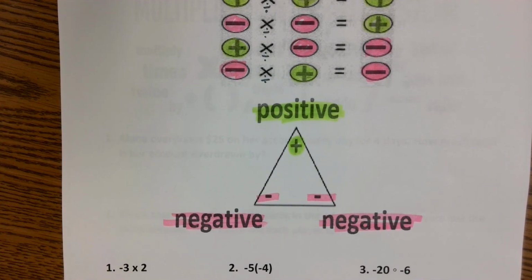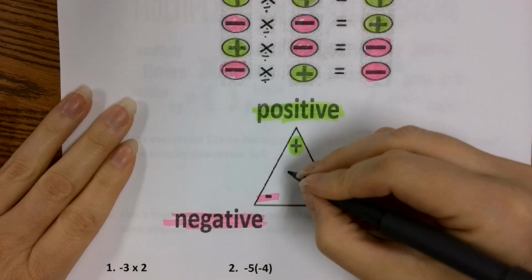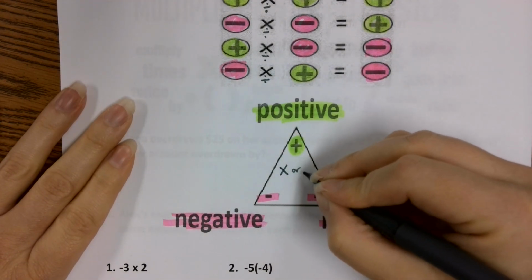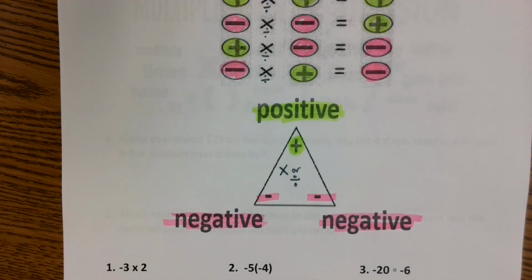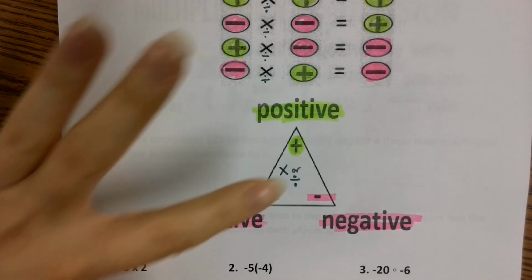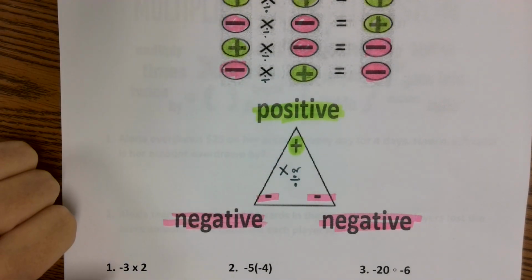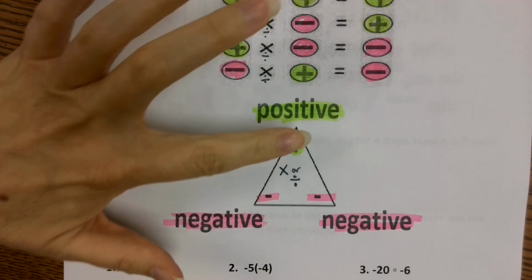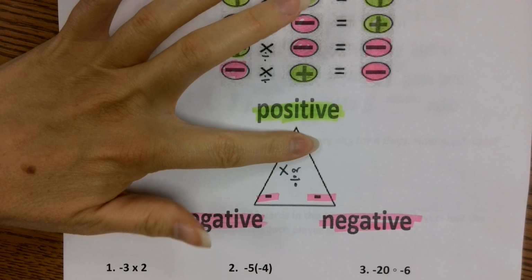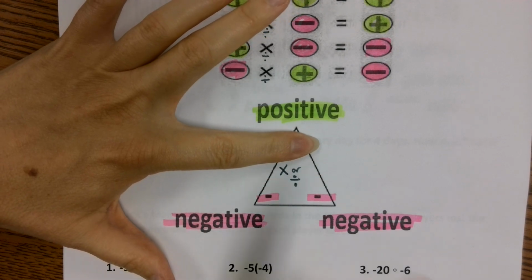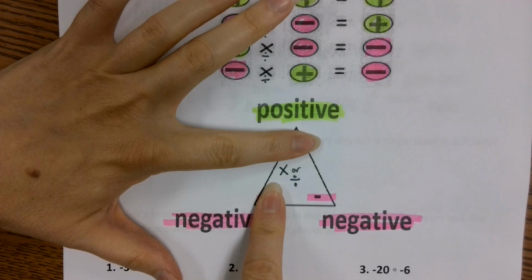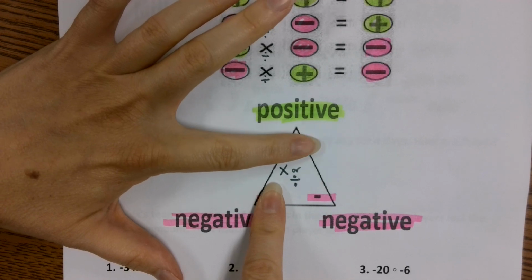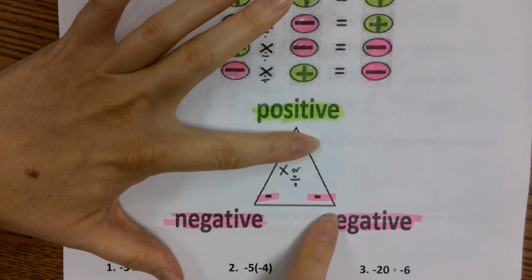And when we multiply or divide two integers, all we have to do is cover them up. If I multiply a positive number, so I'm going to cover a positive, times a negative, what's the only thing left showing? A negative. So positive times a negative gives me a negative.